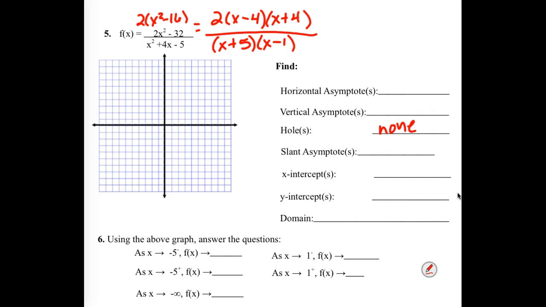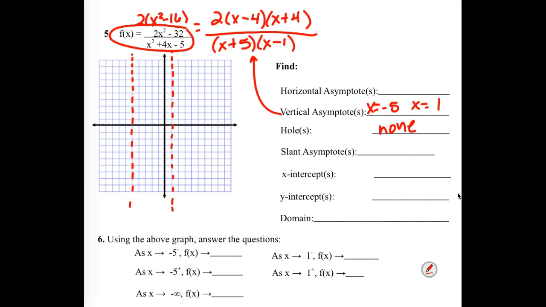Where are they? At -5 and +1? All right. Vertical asymptote at -5 and +1. Do we have any horizontal asymptotes? Yes. It's actually easier if you look at the original unfactored version, right?